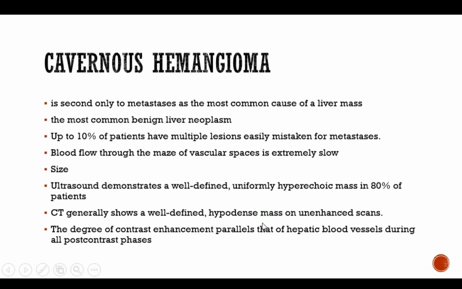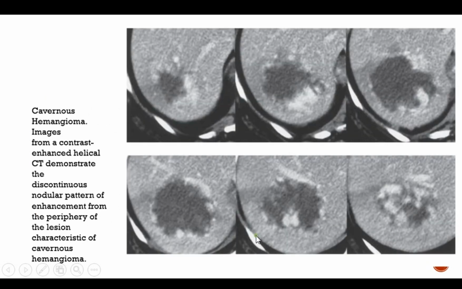Now, the second most common cause of multiple liver lesions, and the most common benign liver lesion, is cavernous hemangioma, and in 10% of the cases they could be multiple. So it's not that commonly multiple. However, it is one of the most common causes of a benign liver lesion, and one of the characteristic features of this lesion is that the blood flow within them is very slow.